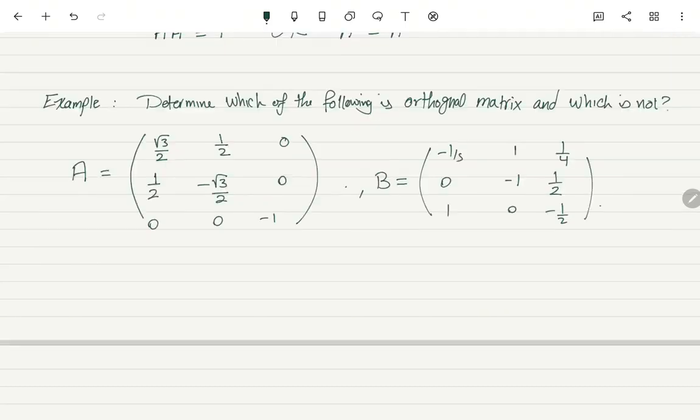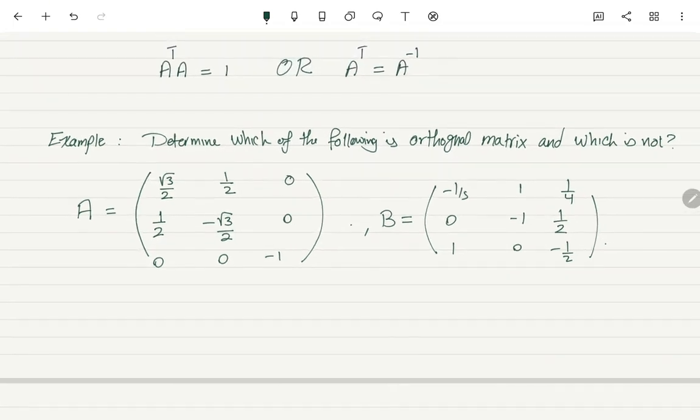In this example, determine which of the following is an orthogonal matrix and which is not. Here's A and here's B. Remember, the orthogonality condition is A transpose A should be the unit matrix, or we can say that A transpose should be equal to the inverse of the matrix.